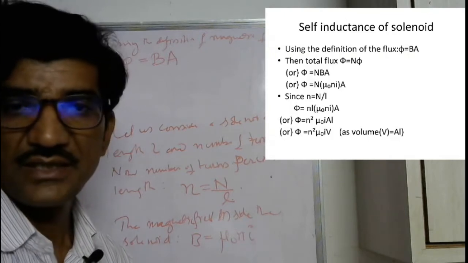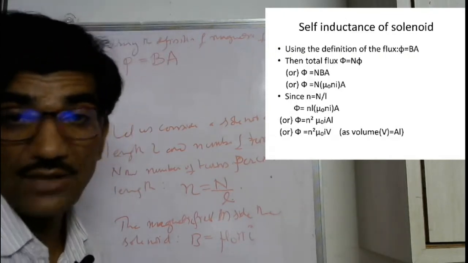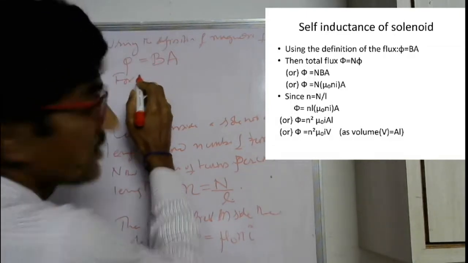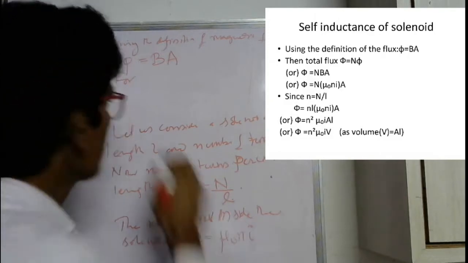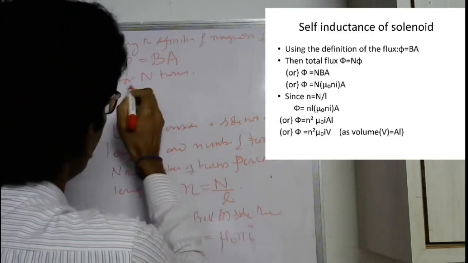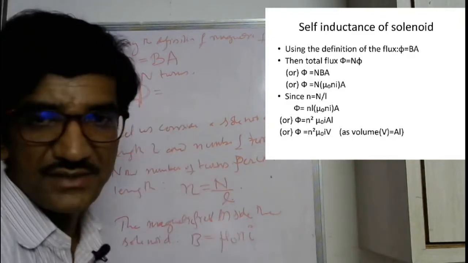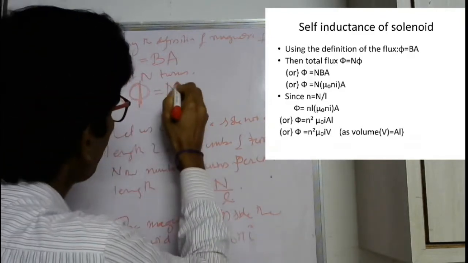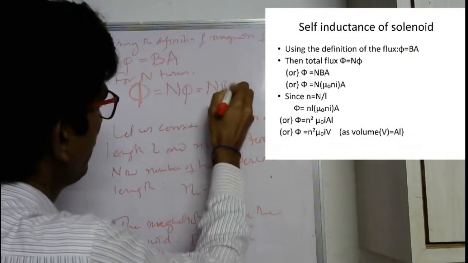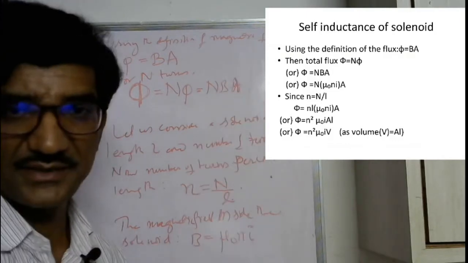If you have N coils, because we have capital N turns, for capital N turns let us write this as big Phi. Phi is equal to N times this small phi. This is equal to NBA.